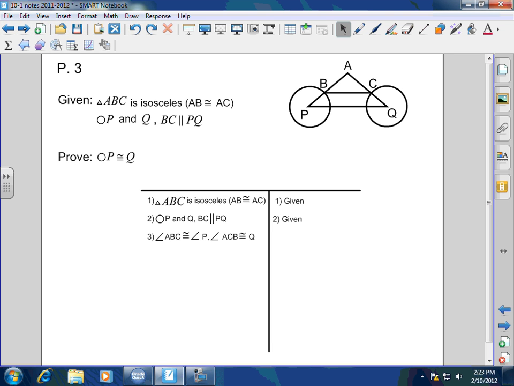Could you do side splitter is the question. You could do side splitter if B and C were the bisectors of AQ and AP.